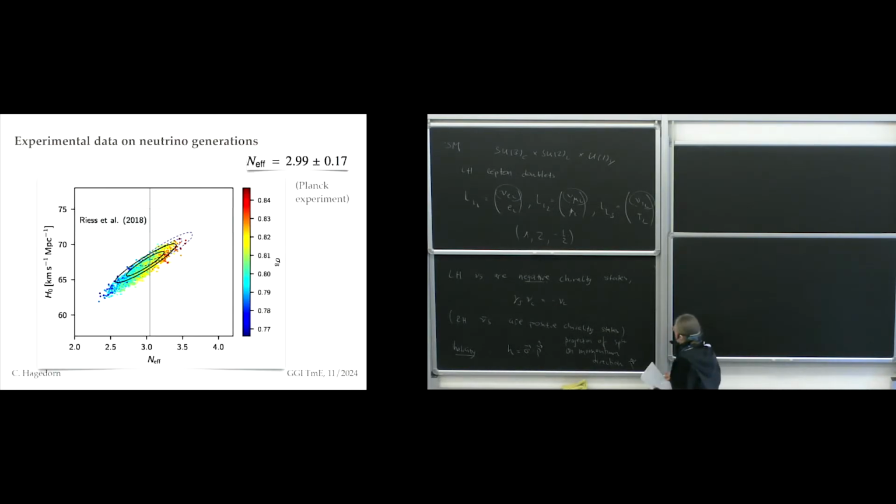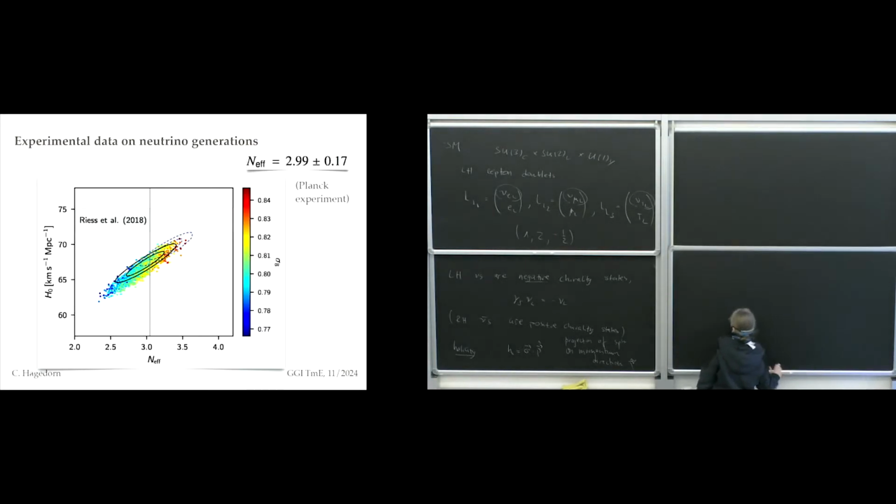So if we are dealing with, in our case, massless neutrinos, we know that negative chirality states correspond to negative helicity states. So these two have as eigenvalue minus 1/2.